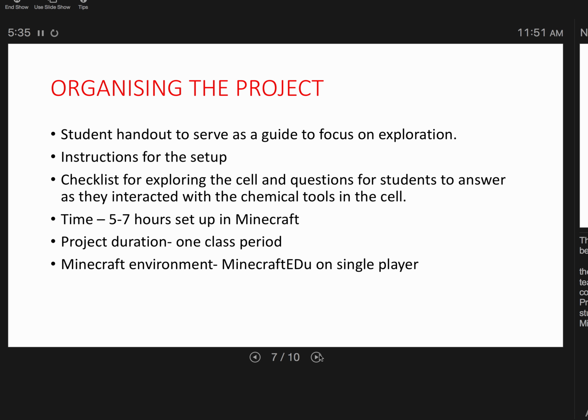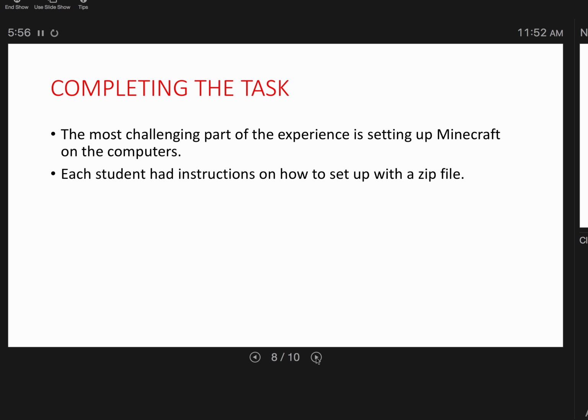So students had to do this individually. He's saying that it took about 5 to 7 hours to set it up in Minecraft, probably longer if you're a newbie at it. And the project duration was 1 class period where they got to go through the cell, and the environment was Minecraft Edu.